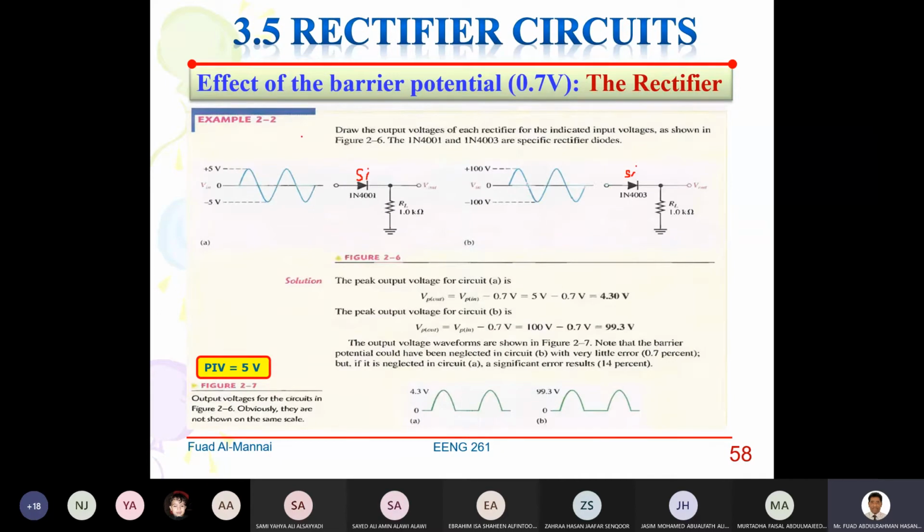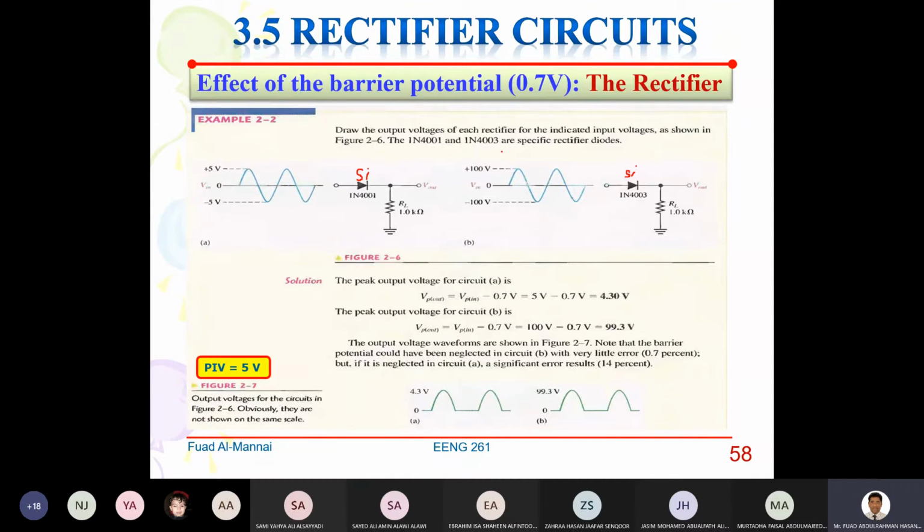This is example 2-2. It says draw the output voltages of each rectifier for the indicated input voltages as shown in figure 2-6. The 1N4001 and the 1N4003 are specific rectifier diodes.